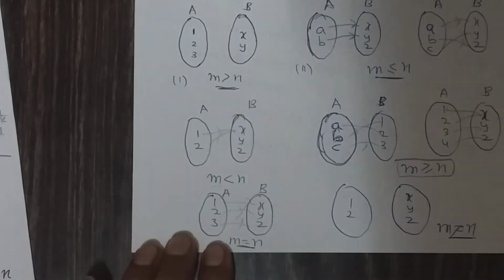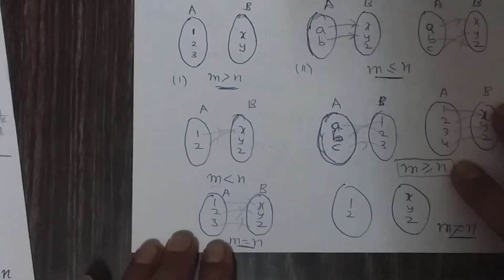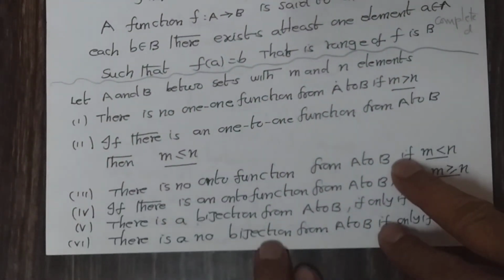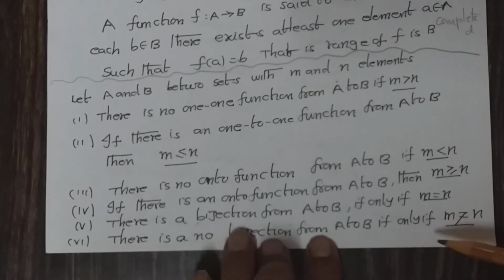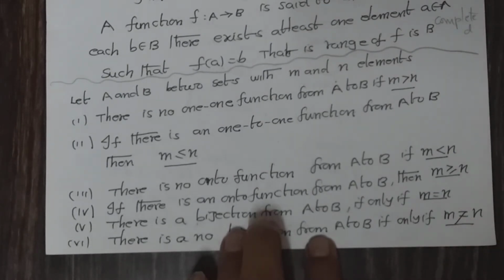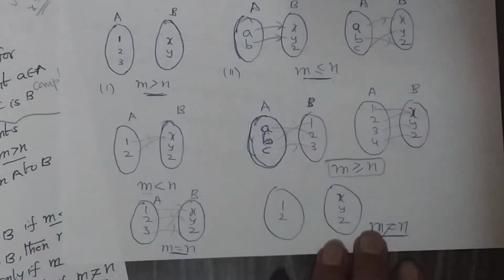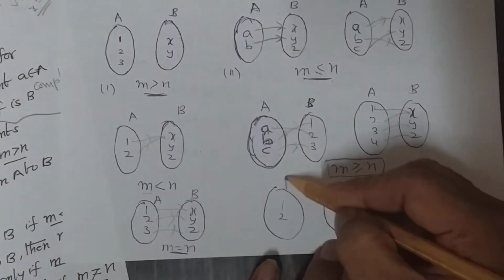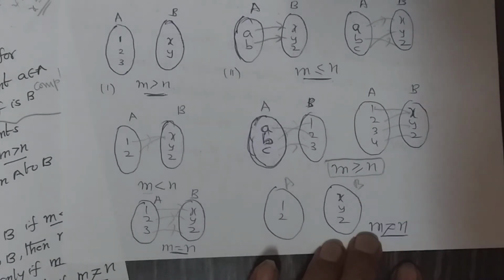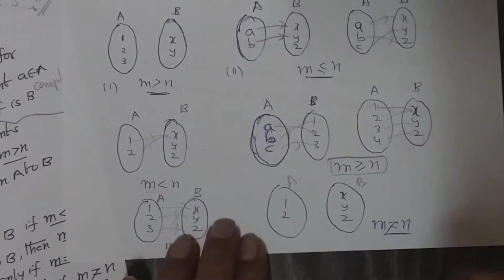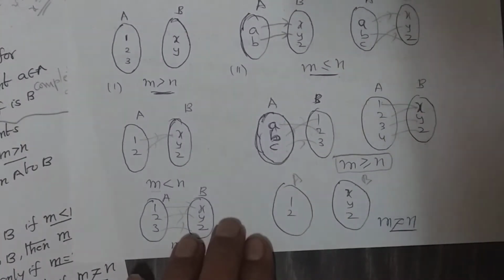So the last case. What is the last case? There is no bijection from A to B if and only if m is not equal to n. That means the number of elements in set A is not equal to the number of elements in set B. For example, see this diagram. 1, 2 are present in set A, and x, y, z in set B. So is it possible to make it onto and 1 to 1, then how will you get the bijection?